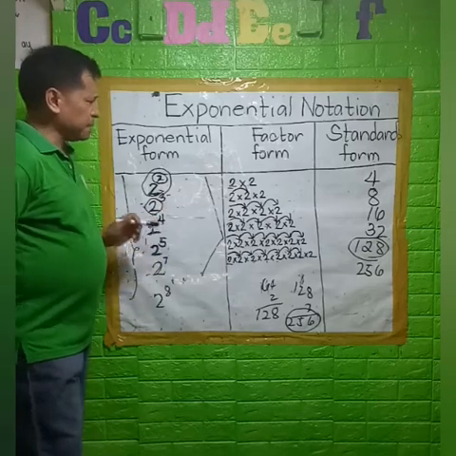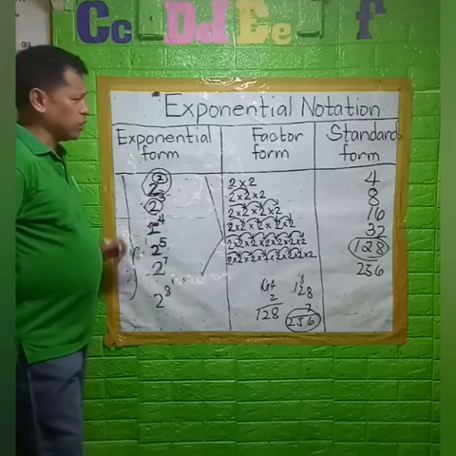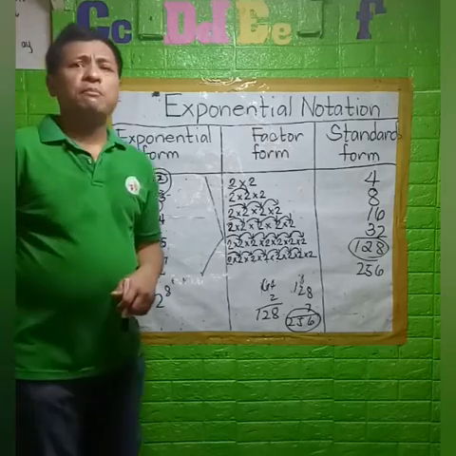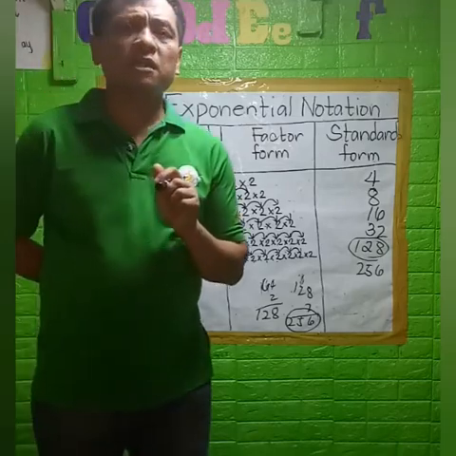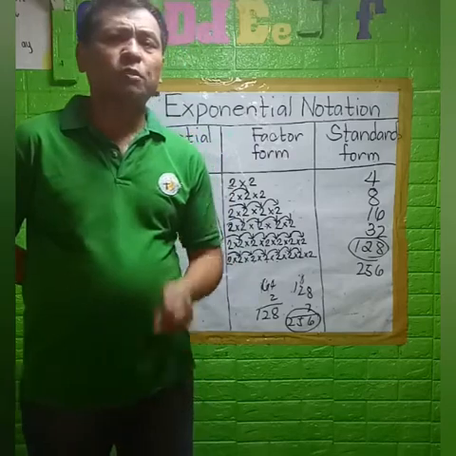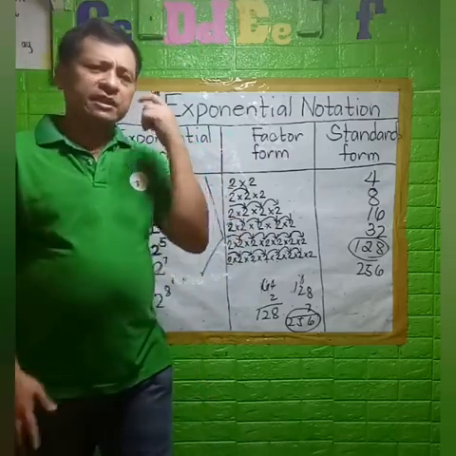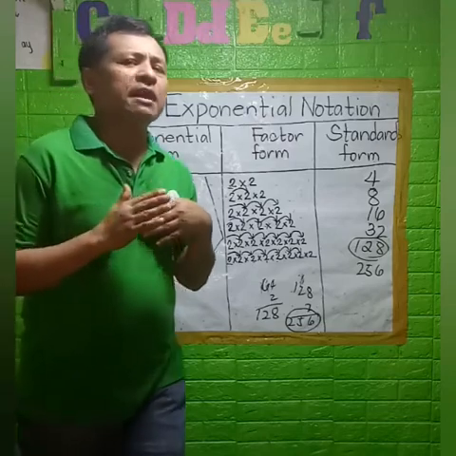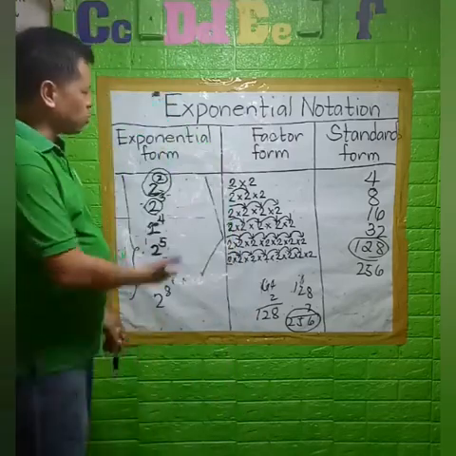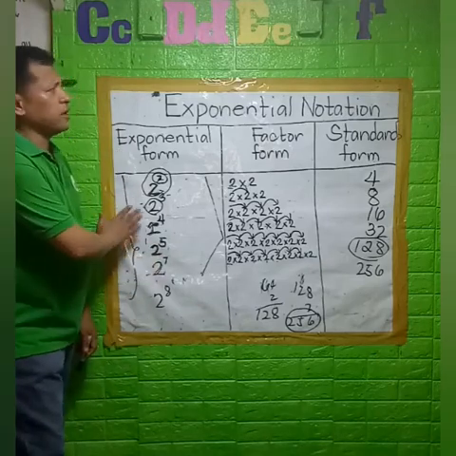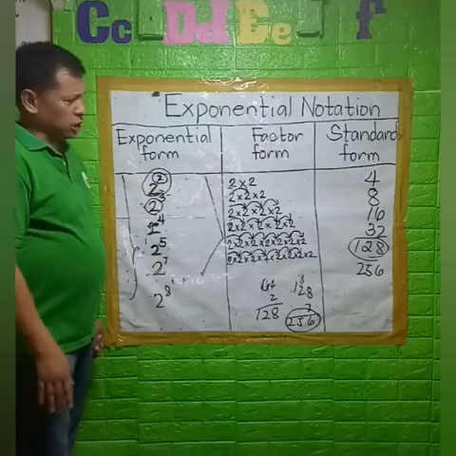Now, bakit natin pinag-aralan ang exponential notation or the exponential form, for us to solve the mathematical equation more easily? Kasi pag sobrang haba, may tendency po na magkakaroon tayo ng pagkakamali. That's why we need to learn what we call exponential notation.